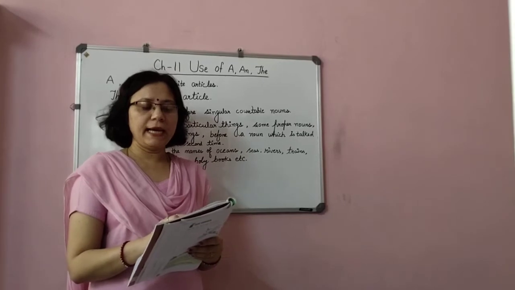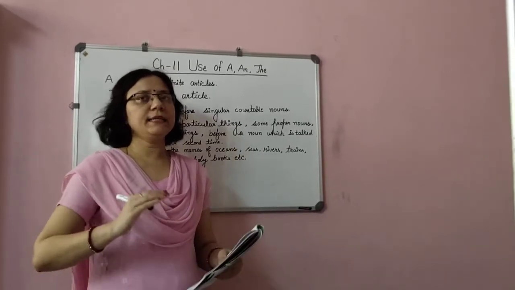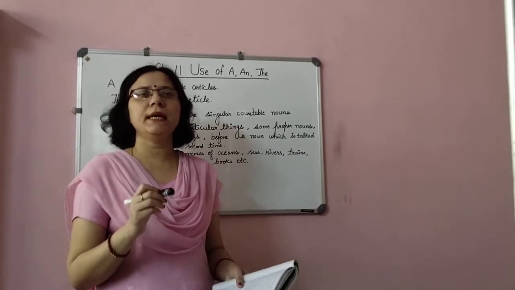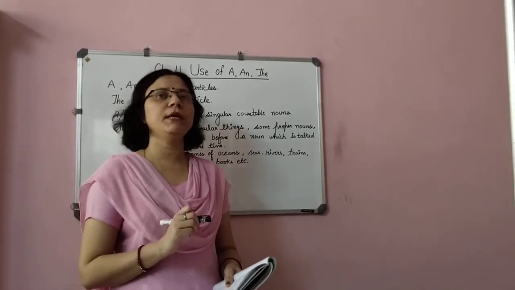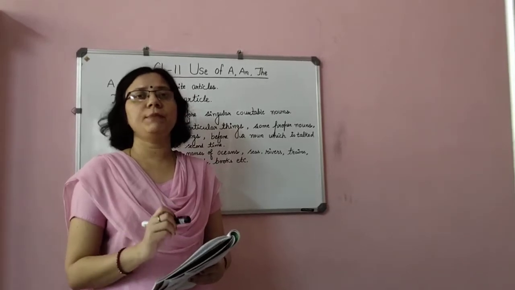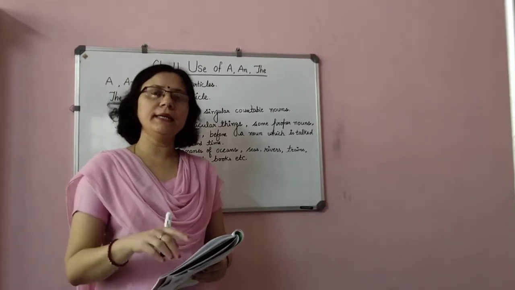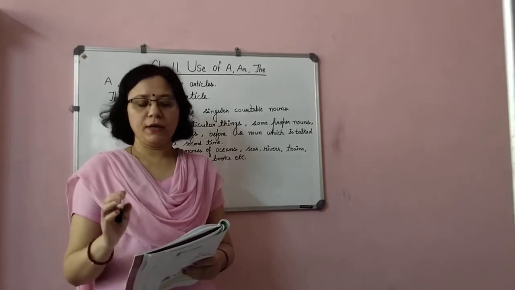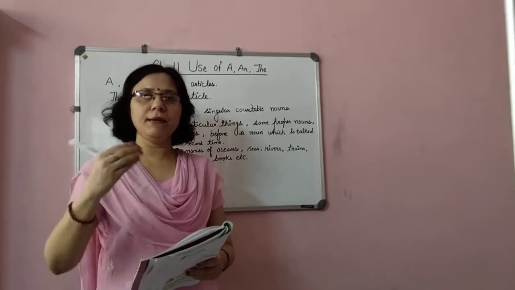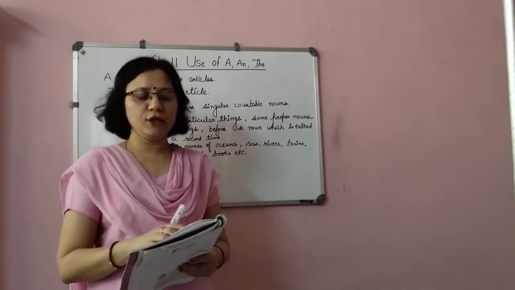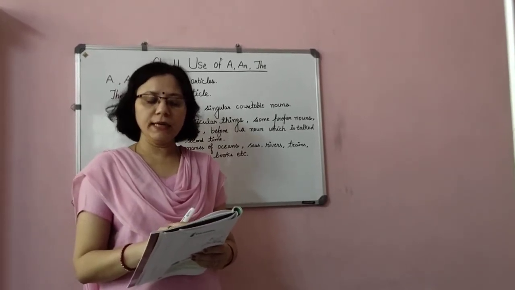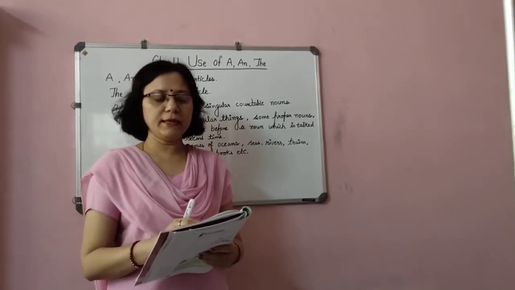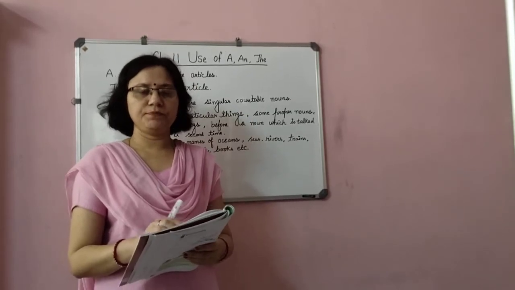One day dash egg hatched. Now here you will say that ma'am we can use an because egg is starting with E. But here the will be used because we have talked earlier about the egg. Tweety had an egg in her nest, and we are talking about the same egg. So we are using one day the egg hatched and out came a baby bird. Next line, dash cat spotted dash teeny baby.